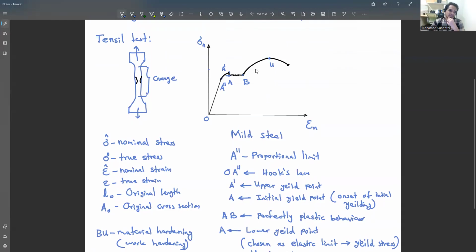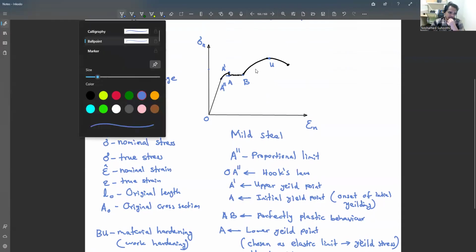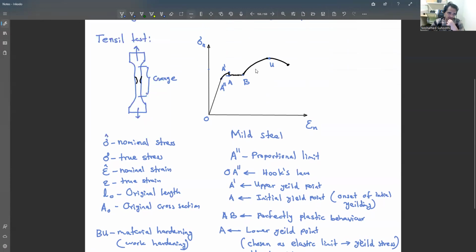Now, what is the important thing you should know here? Let's say you are moving and you come to one point, this point G. At this point, if you remove the load, it never goes back to the original shape.